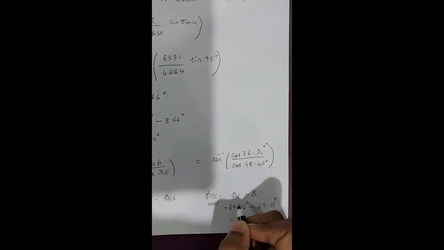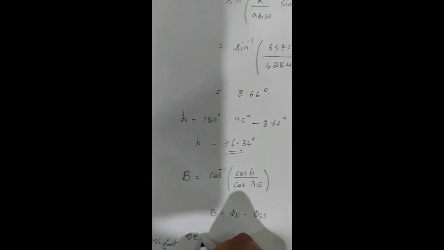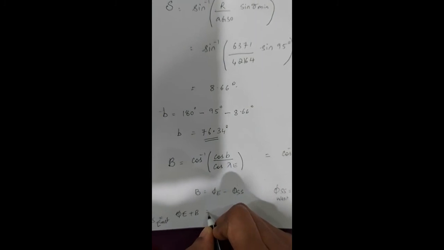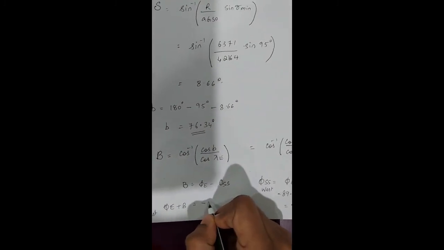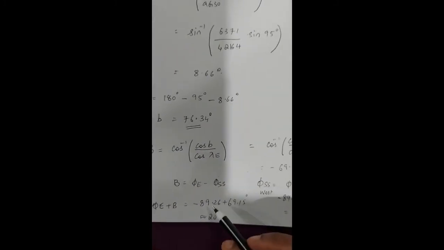So this we will get as minus 158 degrees roughly, approximately 158.3. Similarly, for east it is phi E plus B. So it is minus 89.26 plus 69.15 degrees, roughly 20 degrees.